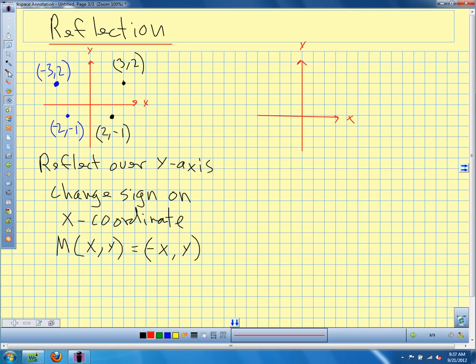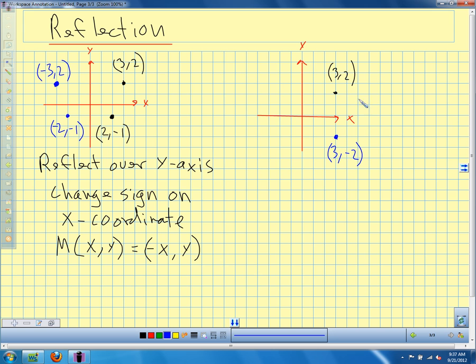Now let's reflect on the x-axis. Let's start with our nice point here, 3, 2. Now I'm going to reflect on the x-axis, so I'm going to go down here, and I'm at the point 3, -2. So my mirror line is the x-axis. So what changed here?